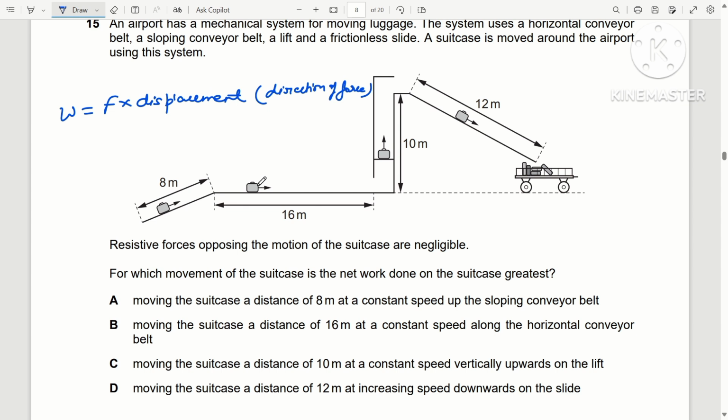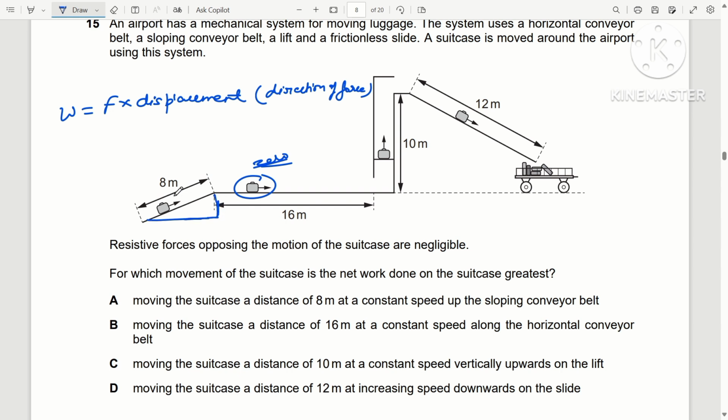Now here in this case and in this case, it will be 0. So when it is moving like this, the work done will be, if you see, it is being lifted through this distance only.